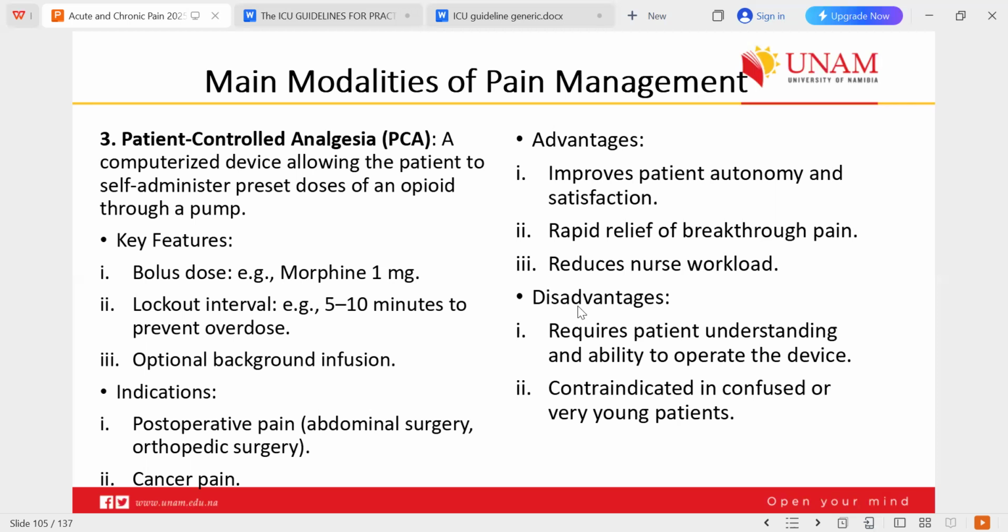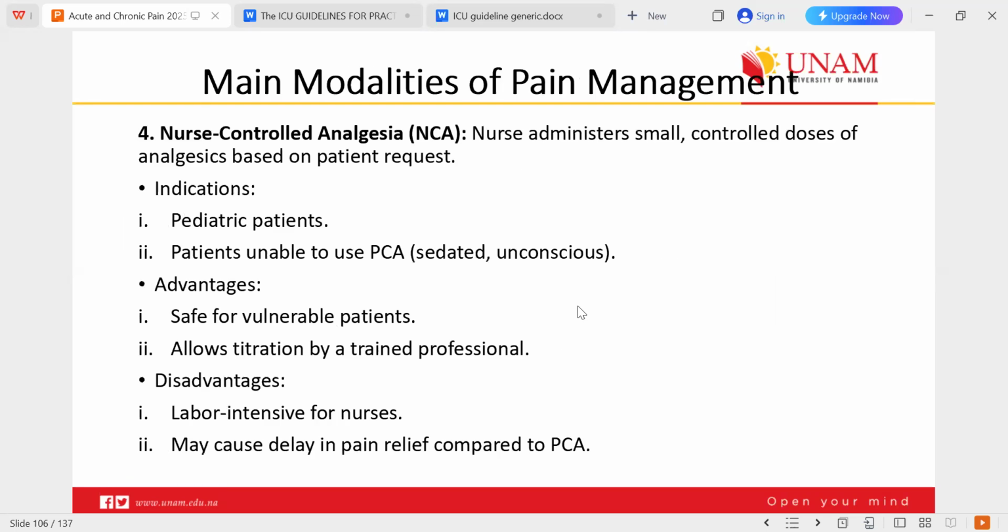But the disadvantage is that it's not useful for all patients because it requires the patient to understand and be able to operate the device. Because of this, you don't want to use it in confused or very young patients. Then we have nurse-controlled analgesia, especially indicated in young patients and patients who are unable to use PCA, especially in our ICU, patients who are sedated and unconscious.